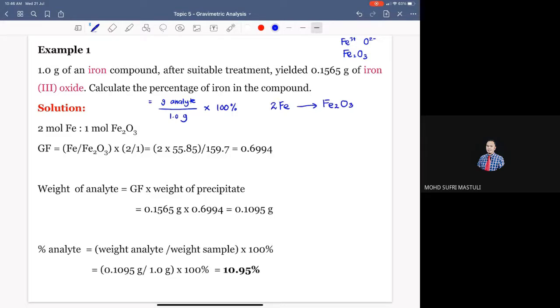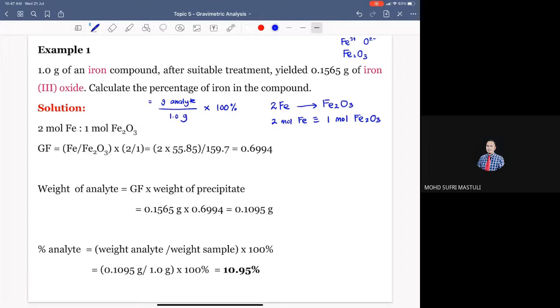It needs 2 Fe to make it balanced. So we say 2 mole Fe related to 1 mole Fe2O3.